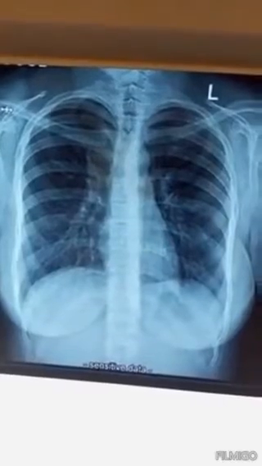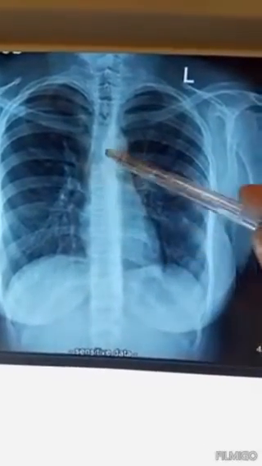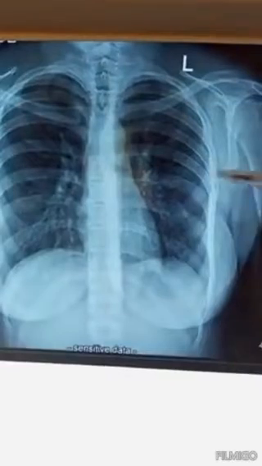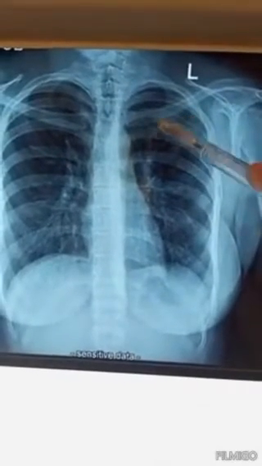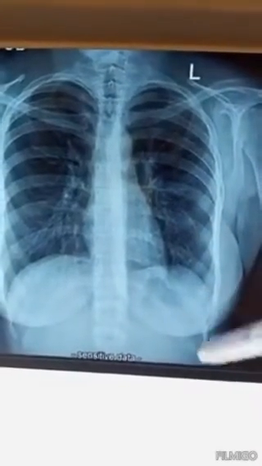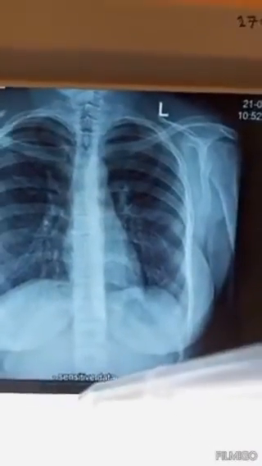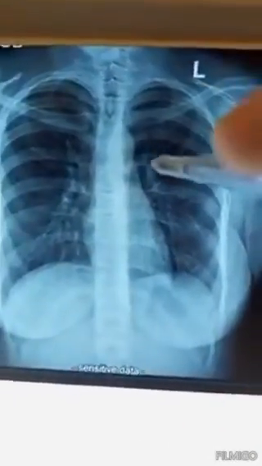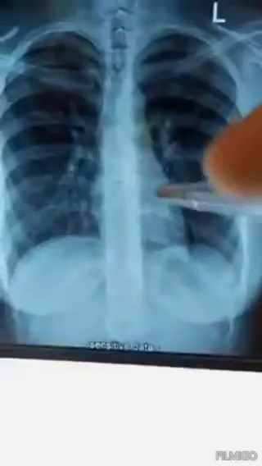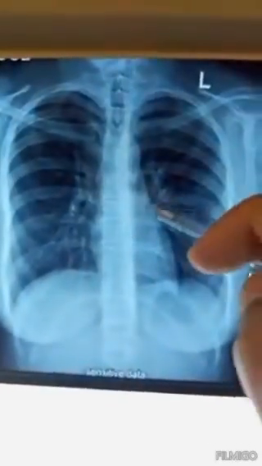So it means this heart is a bit small. It means either the lungs have been overexposed, or the patient has taken over-inspiration, etc. Or there is cardiac atrophy or restrictive heart disease.